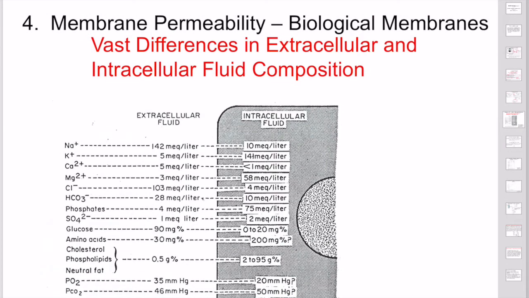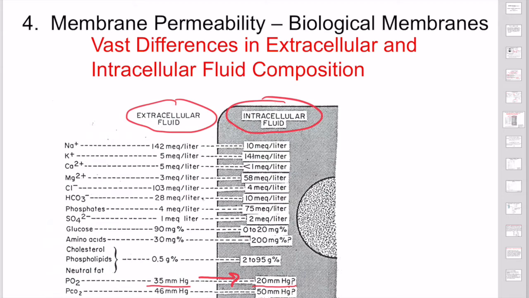Now, she's showing the difference between what's outside the cell and what's inside the cell. For example, oxygen, you can see it's 35 millimeters of mercury for the partial pressure outside and 20 inside. And so what that means is that there is a driving force for diffusion for oxygen from outside to inside the cell, where it reacts and is used up.